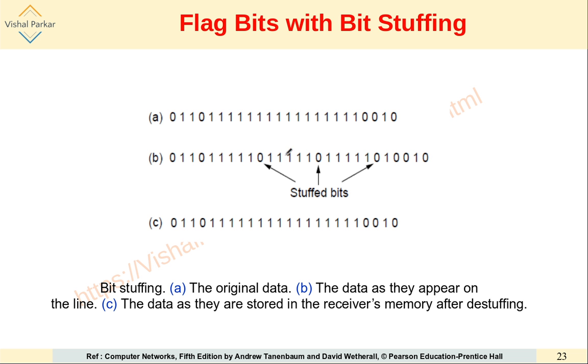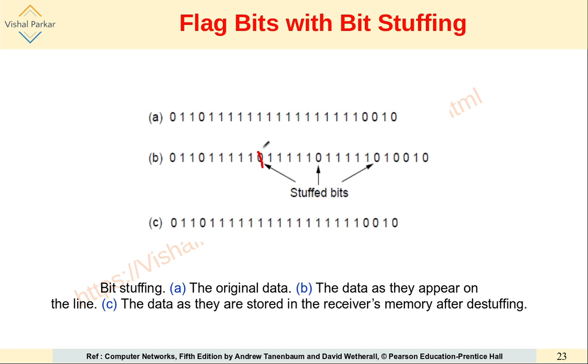So next consecutive 5 ones, a 0 is induced. Next consecutive 5 ones, a 0 is stuffed. So these are the additional or stuffed zeros which are there in the frame to be sent. Now, from the receiver's perspective, when a frame is received and there is a 0 after 5 consecutive ones, it knows that this was the 0 which was deliberately stuffed by the sender, and that's how it takes out those zeros.